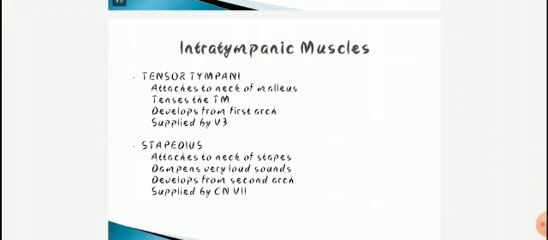Now if we look at the intratympanic muscles, we have the tensor tympani and the stapedius. The stapedius muscle protects the stapes on exposure to a loud sound, so the inner ear doesn't get damaged. It fixes the stapes on hearing a loud sound, so the inner ear is protected from the ill effects of a very large sound.